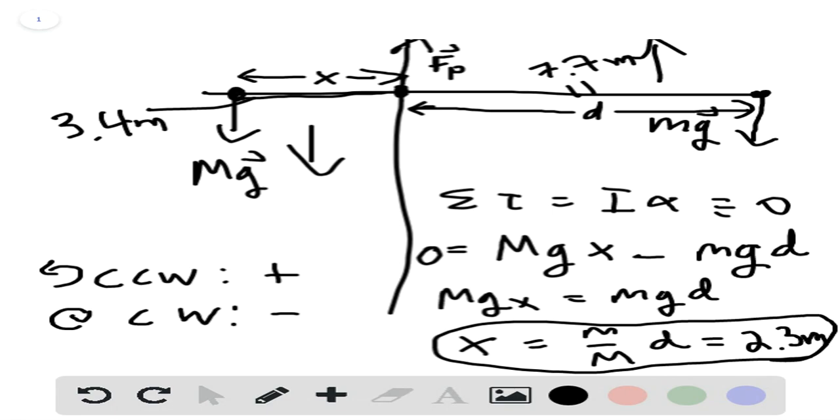And then part B, let's go back. Determine the maximum load that can be lifted with this counterweight when it is placed at its full extent. So what does that mean? This means now that we're looking for a maximum mass possible.